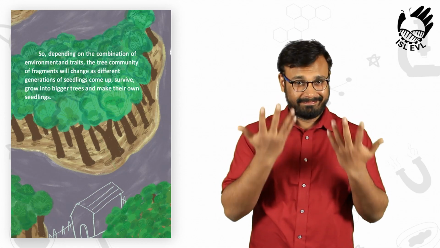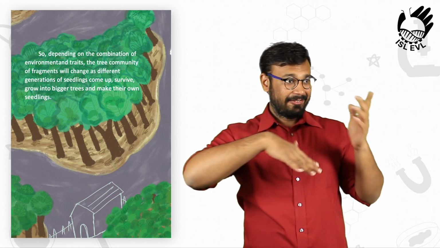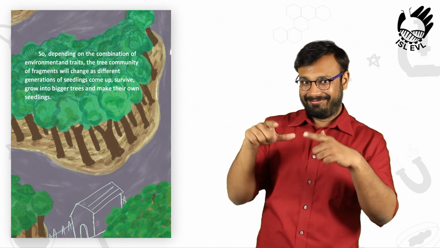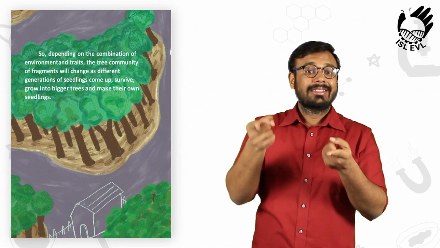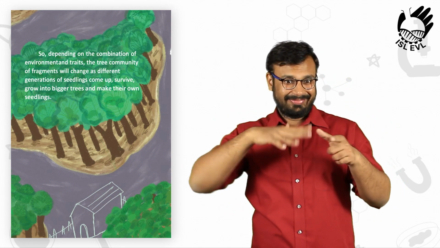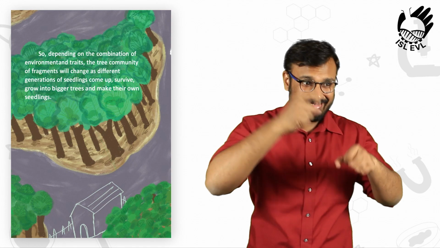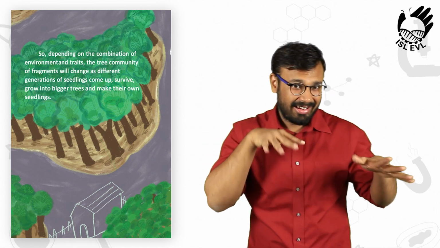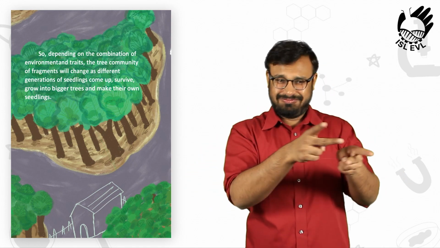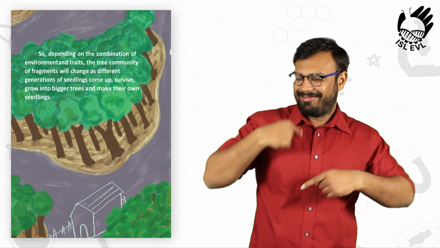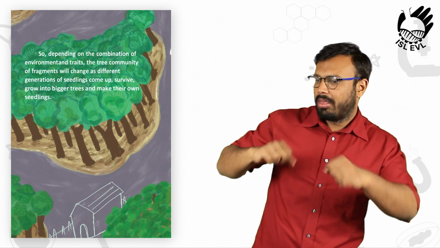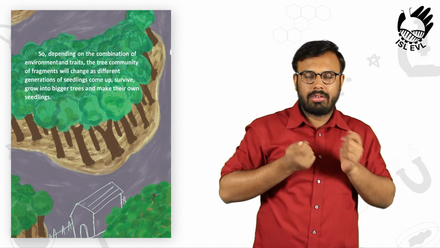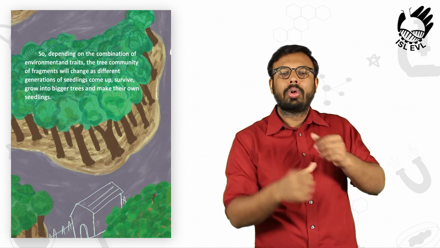So, depending on the combination of environment and traits, the tree community of fragments will change as different generations of seedlings come up, survive, grow into bigger trees, and make their own seedlings.